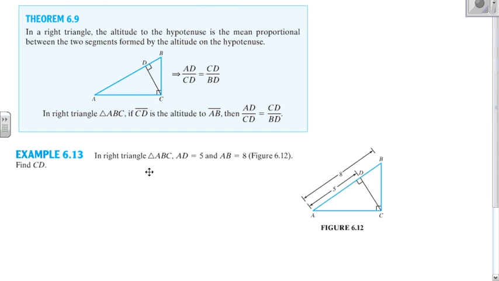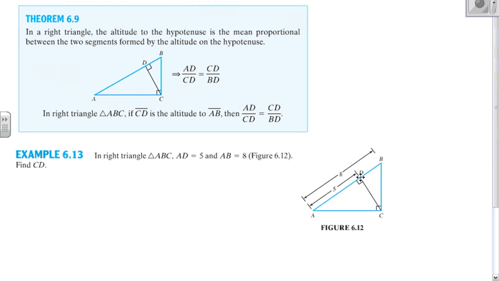So in this example, we have the right triangle and the altitude to the hypotenuse is drawn. The entire length of the hypotenuse is 8, AD is 5, find the length of the altitude.